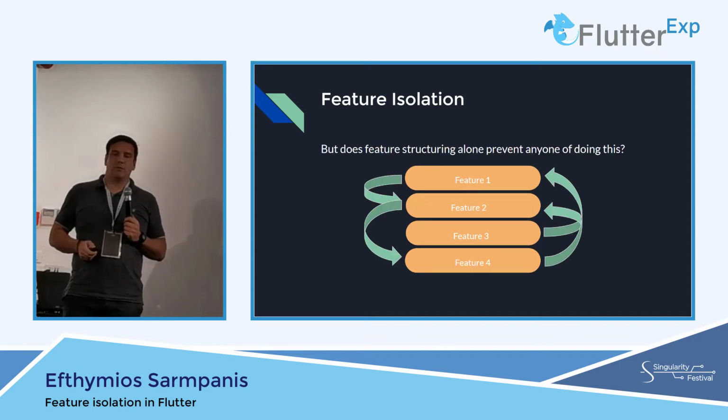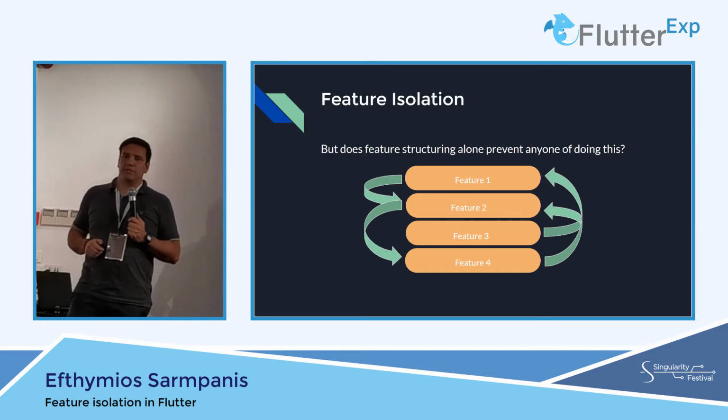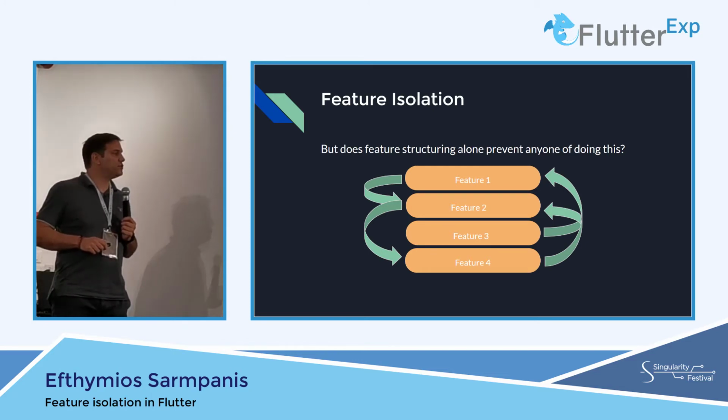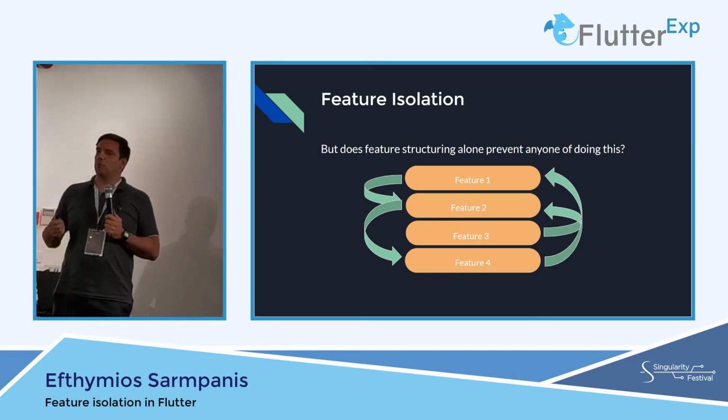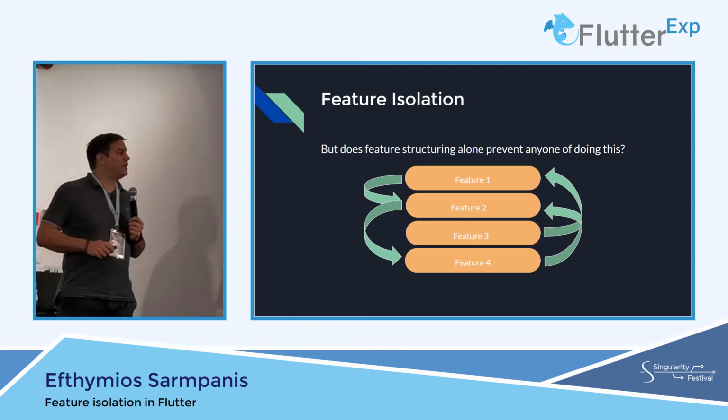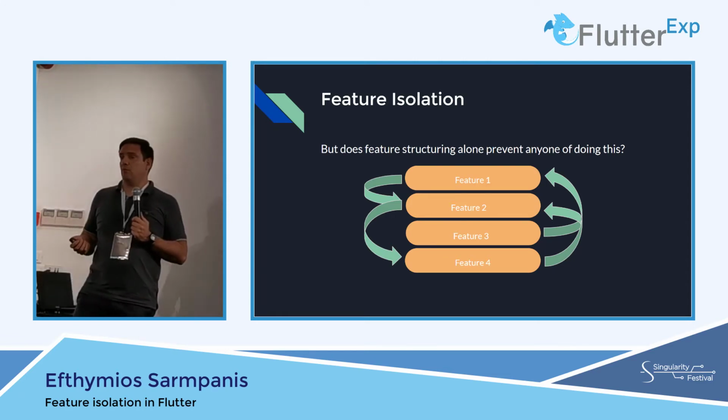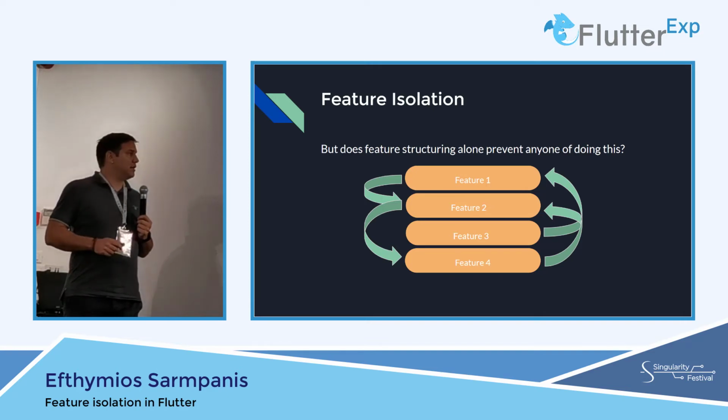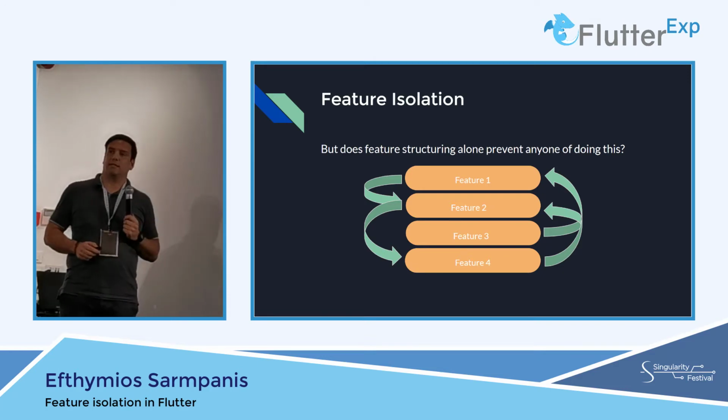But can we stop developers from leaking features between them? Can we stop developers from having this feature using a piece of code from that feature? Might as well we have a developer that has a need and knows that feature 2 does that. Let me use that instead of doing something else.